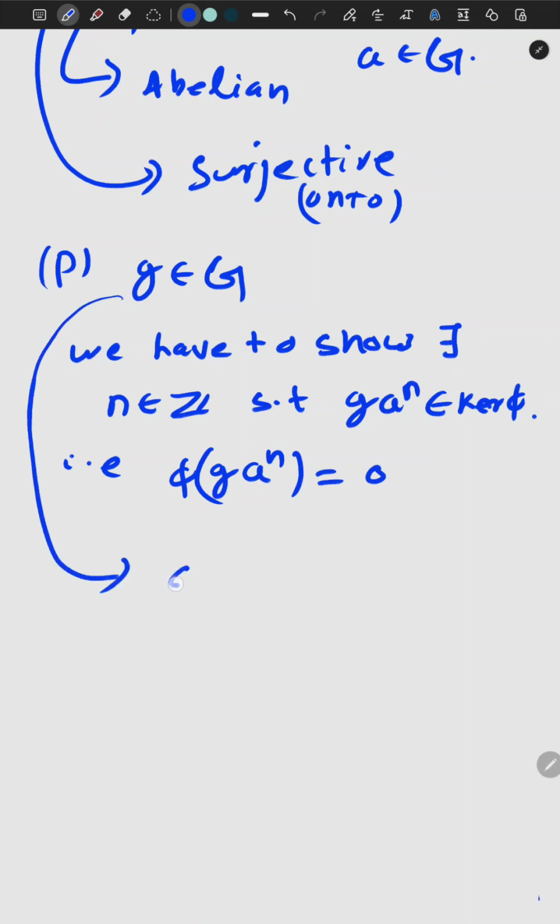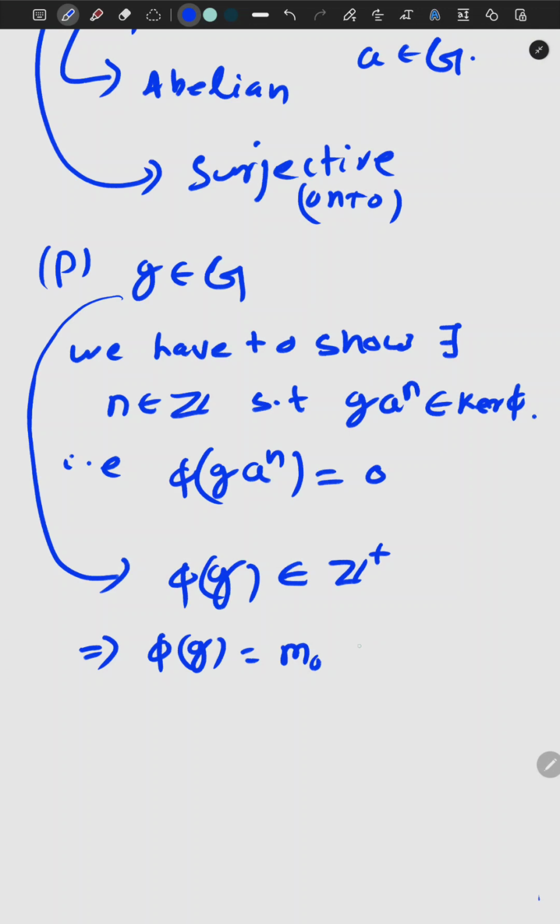Then phi of g belongs to the range set Z plus, so phi of g equals m0 for some m0 belonging to Z plus.